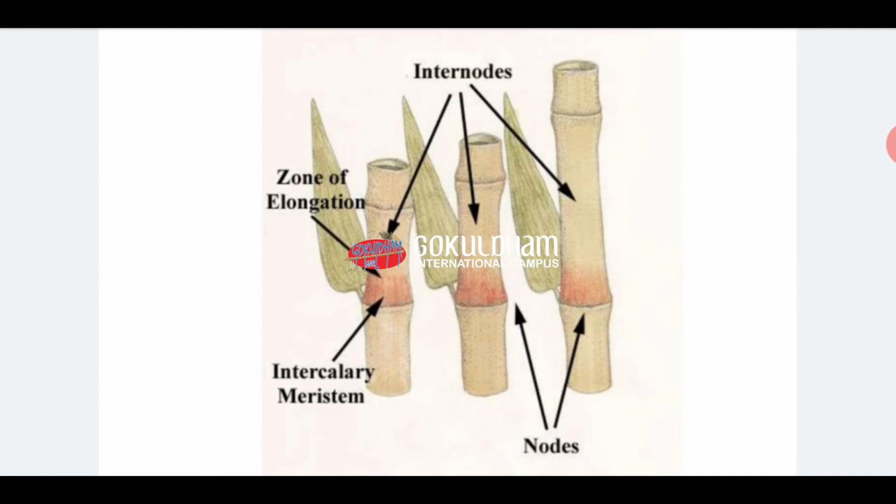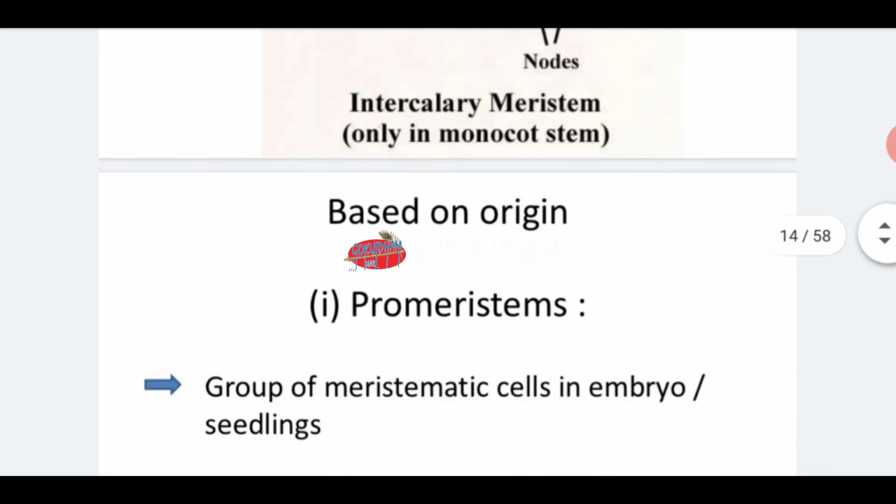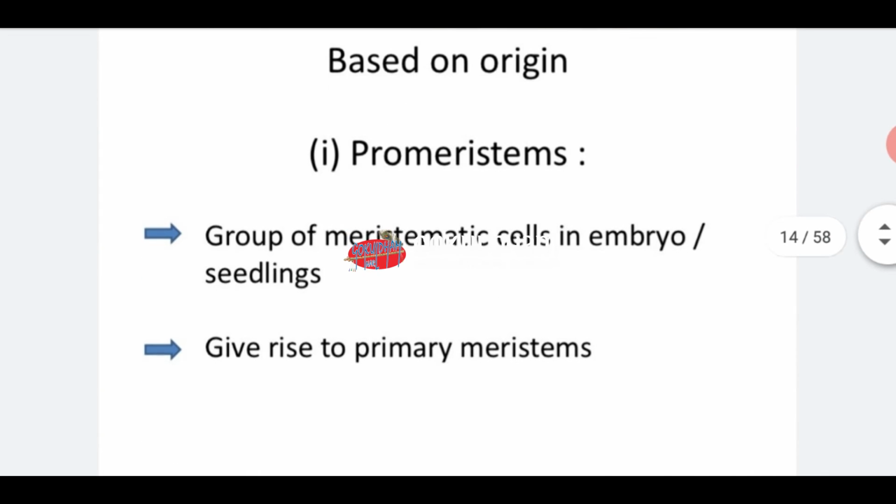You can see in this figure of bamboo, its red colored portion shows the intercalary meristem which is responsible for the elongation of that internode, and this intercalary meristem in monocots is found at the base of each node.